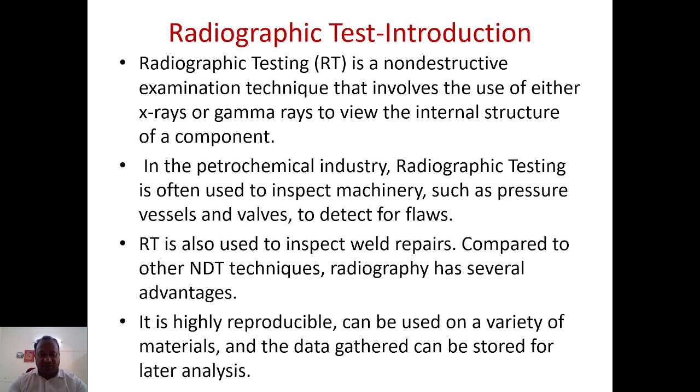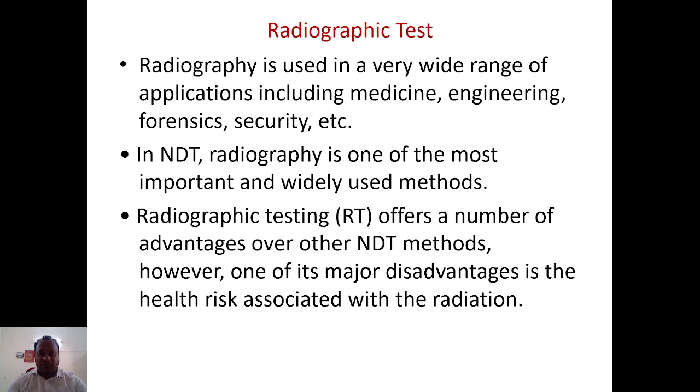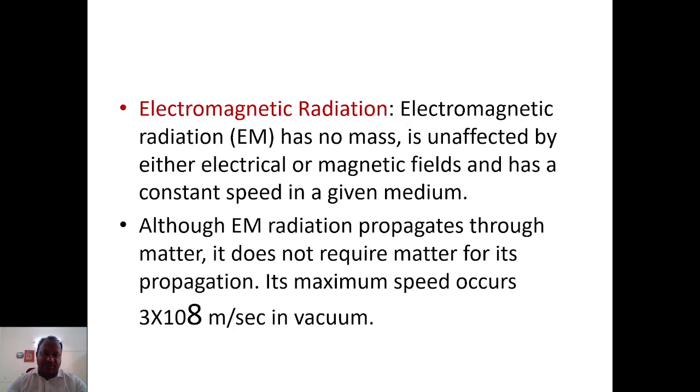A variety of materials can be analyzed. Some NDT techniques are restricted to certain materials, but this can be used on a variety of materials. Radiography is used in a wide range of applications: medicine, engineering, security and so on. It is one of the most important and widely used methods, though the major disadvantage is the health risk in the process.